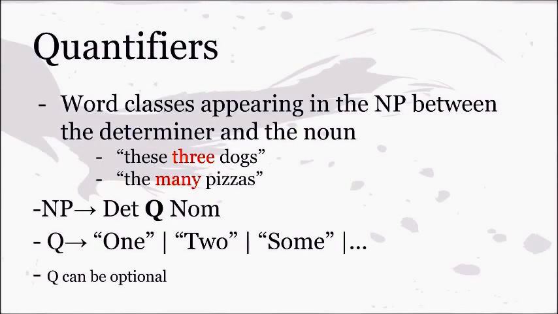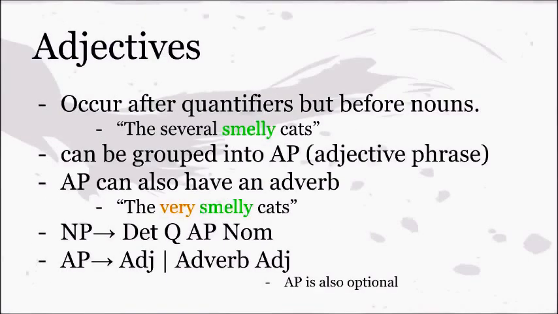Quantifiers are words like one, two, and many that indicate the amount or the quantity of a noun. With our CFG, the quantifier, labeled Q here, will occur in a noun phrase NP in between the determiner and the nominal variables. Like the determiner, when parsing, quantifiers can be optional, with its terminal being an empty string.